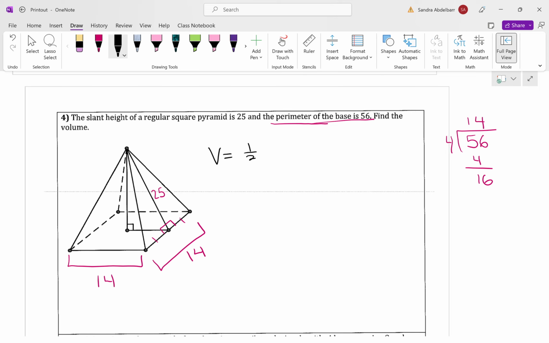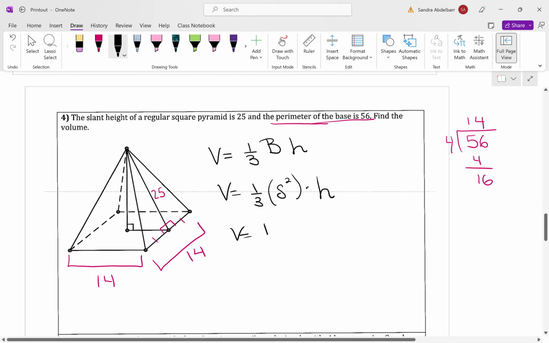Now to find the volume equals 1/3 area of the base times the height. Well, if I know the base is a square, so the area of the base is side squared, and we need to find the height of the whole pyramid.